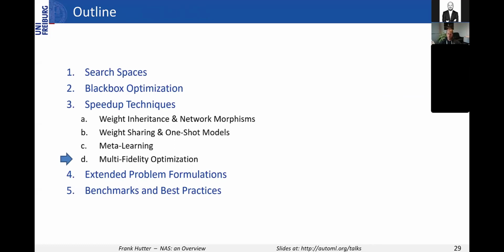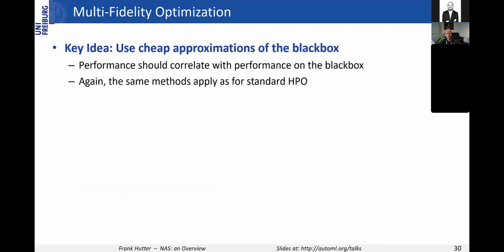The next part is multi-fidelity optimization. And here again, this is very related to what you saw yesterday. So the key idea of multi-fidelity optimization is to use cheap approximations of your black box. And I think maybe yesterday you didn't talk about deep learning so much, but the main idea about these multi-fidelities is that you can choose which cheaper approximation you want to use.